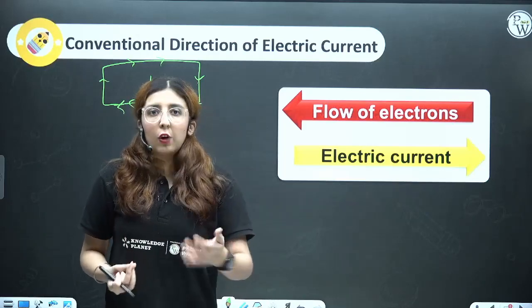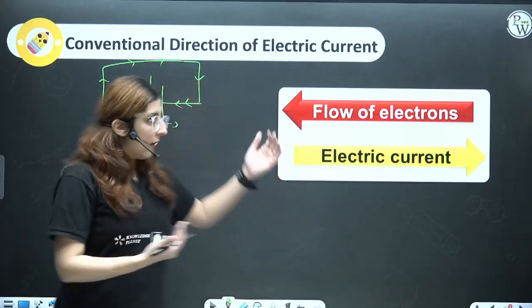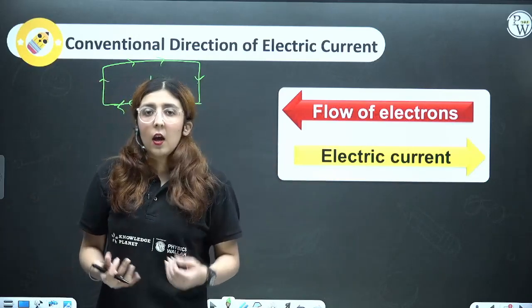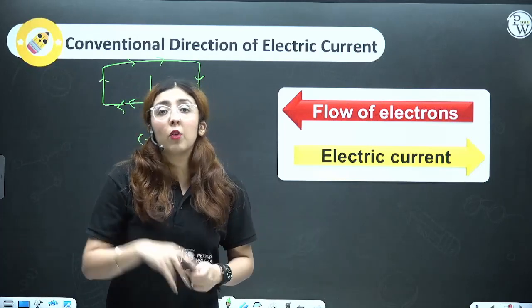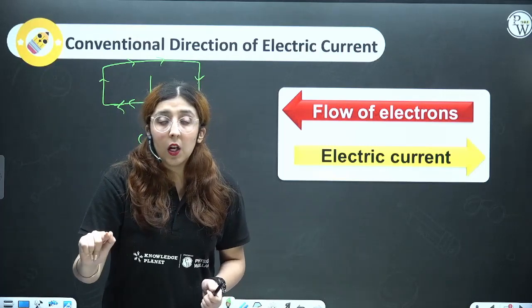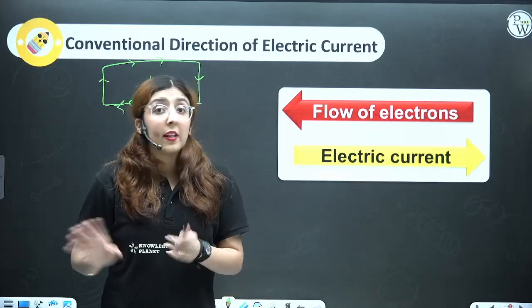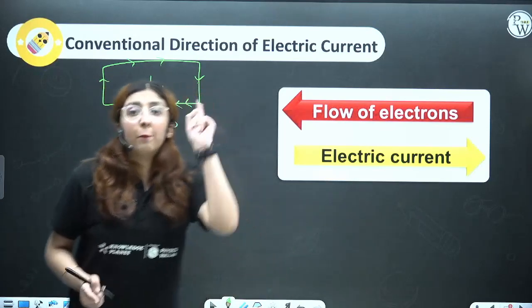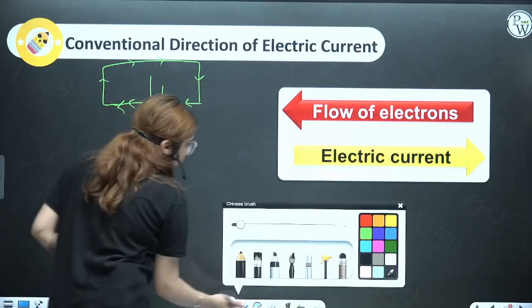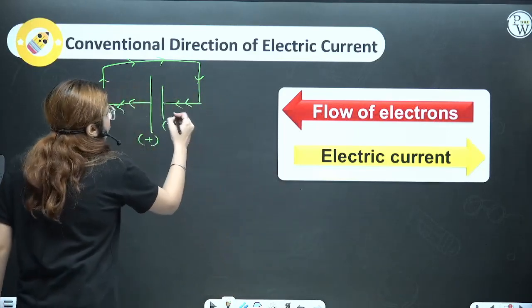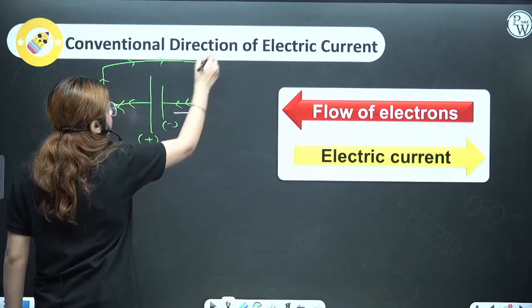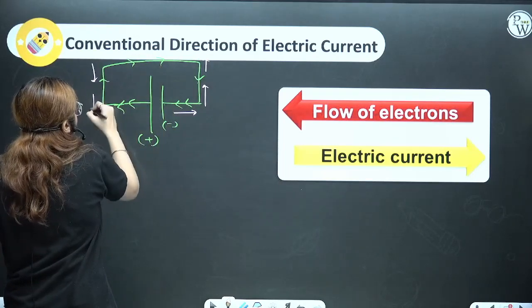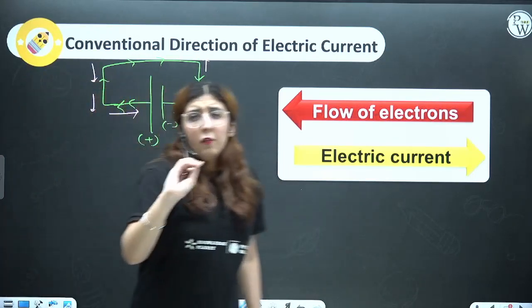So they were unaware that it is the electrons that are moving. I will be talking about that also. We say that current is moving from positive to negative terminal. This is the conventional current you are talking about. The actual electronic current moves from the negative terminal to the positive terminal. Why? You have only studied that the flow is the flow of charges.